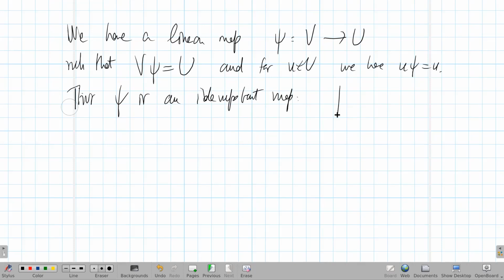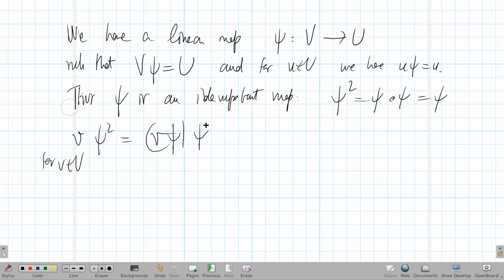What does it mean? It means that if you do Psi square, which means Psi composed with Psi, you obtain Psi again. Why is it so? Well, it's simple, because you have an element of V, and you apply Psi, and then you apply Psi again.